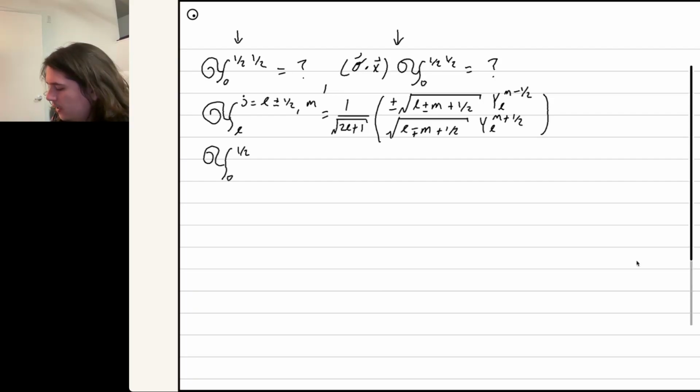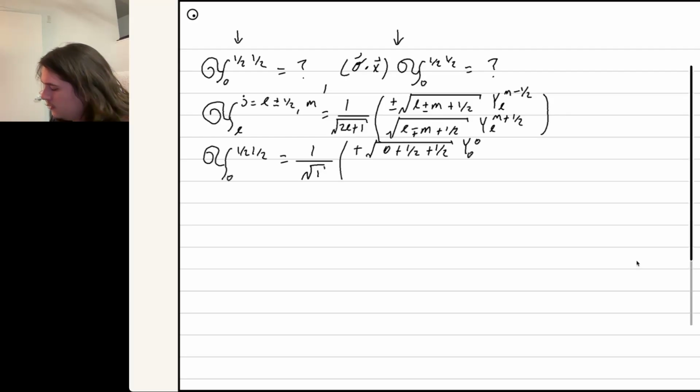0, 1/2, 1/2. L is 0. J is L plus 1/2. So we're going to be using all the pluses in this equation as M is 1/2. The normalization constant out front is just 1 over root 1. We have a plus 0 plus 1/2 plus 1/2, Y 0, 0.